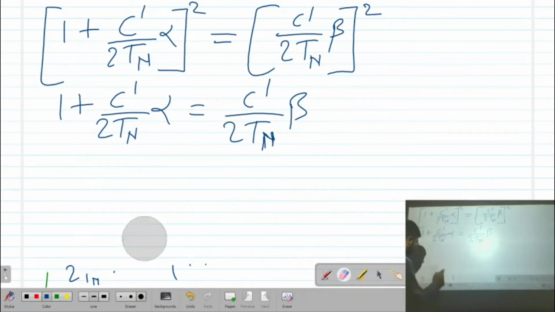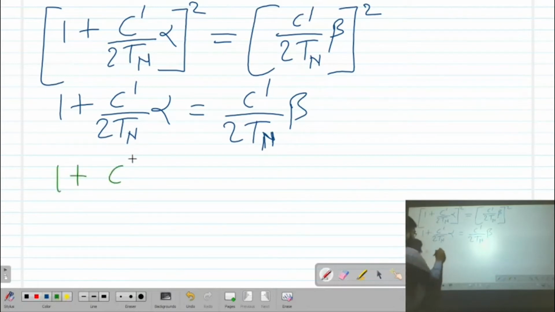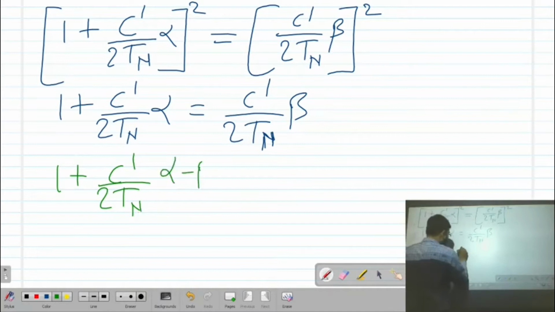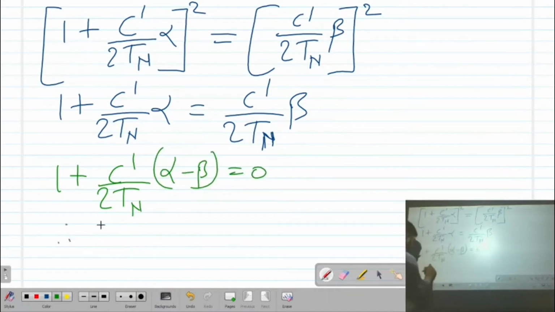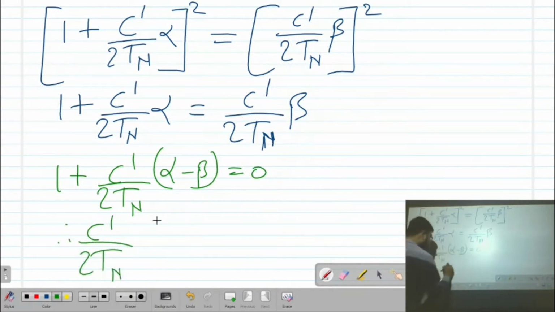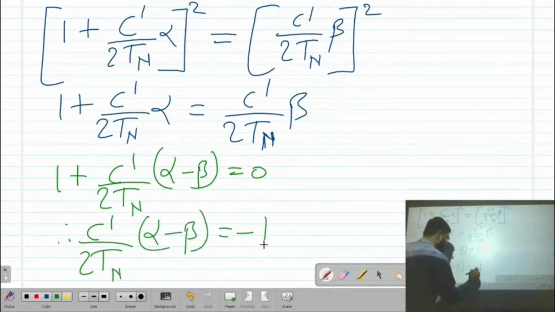Now moving ahead, we will find the solution. Taking this part to this side, we will have alpha minus beta is equals to 0. Therefore C dash by 2T of n, that is alpha minus beta, is equals to -1.